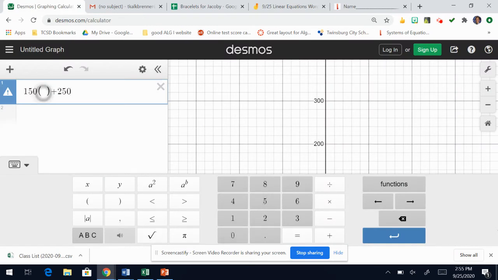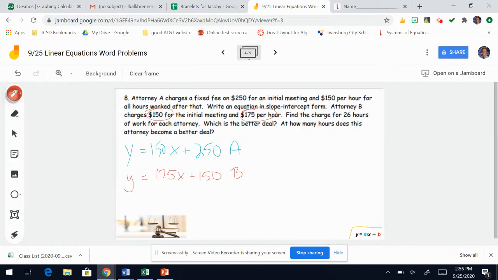And in that parentheses, I'm going to put that 26 because that's what they're asking me. How much does it cost for 26 hours? All right. So that's $4,150. So let's put that next to here. For 26 hours, when I plug it in, f of 26 got me $4,150. So pretty expensive, right?